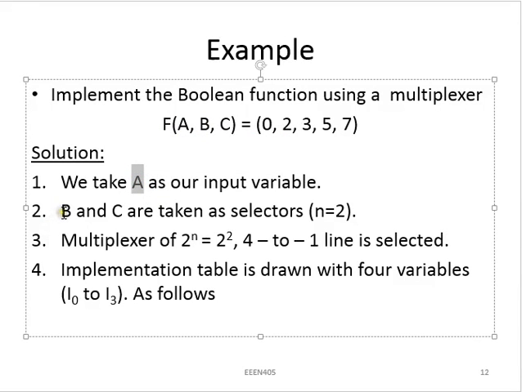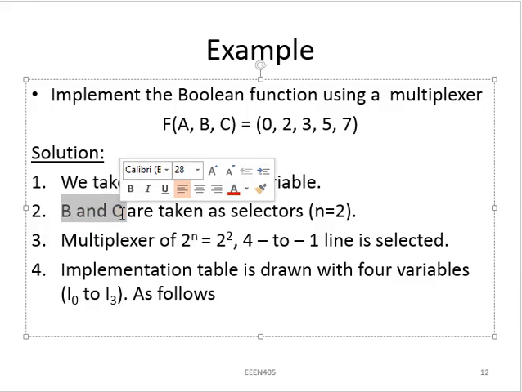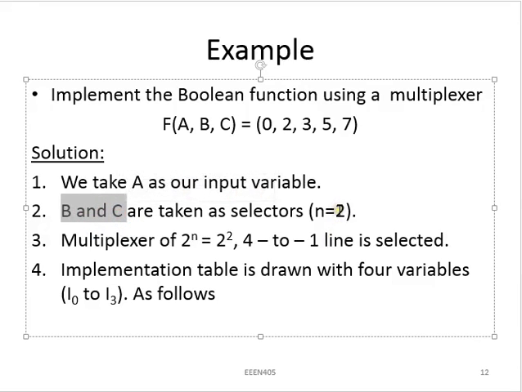Then our selectors should be b and c, which means we have only 2 selector variables, so n is equal to 2. To find the number of inputs, we say 2 raised to power n, which is 2, will give us 4. It means we are going to use a 4x1 multiplexer to implement this Boolean function.